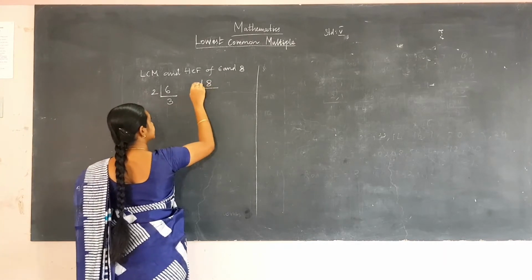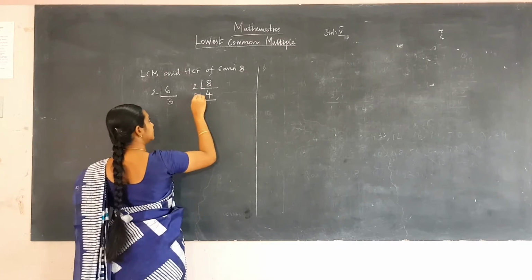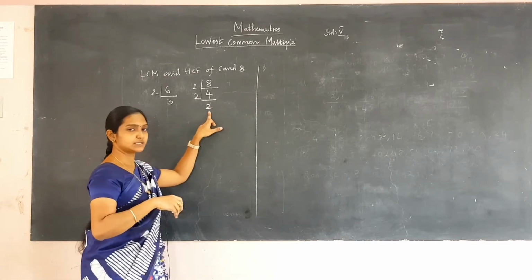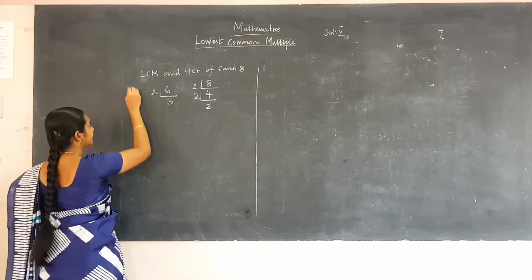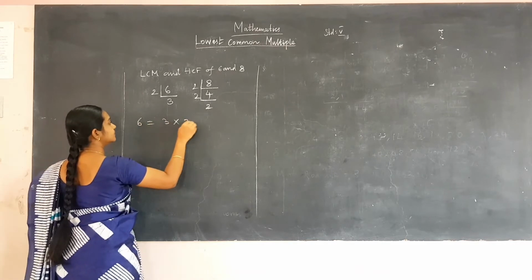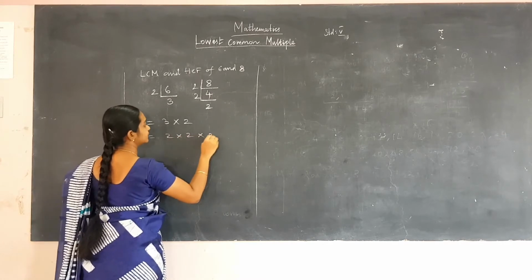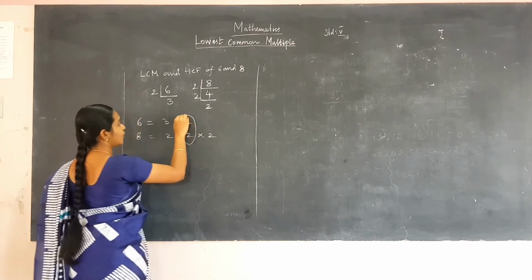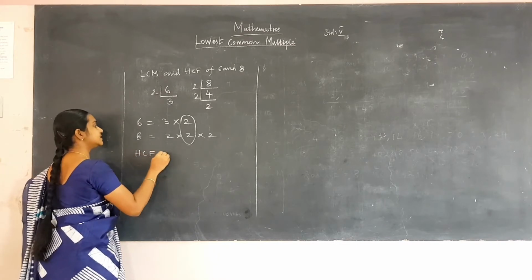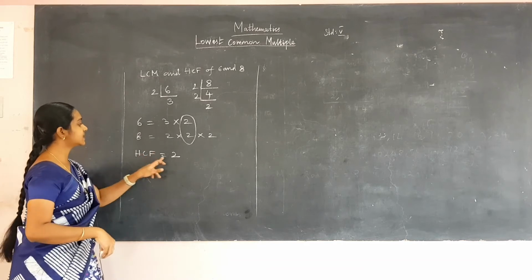Next with 8. 4 into 2 is 8. Again divide. 2 into 2 is 4. We shall stop with this itself because 2 is a prime number. Write the factors. 3 into 2. For 8 it is 2 into 2 into 2. Only 2 is common here. So HCF is 2. HCF of 6 and 8 is 2.